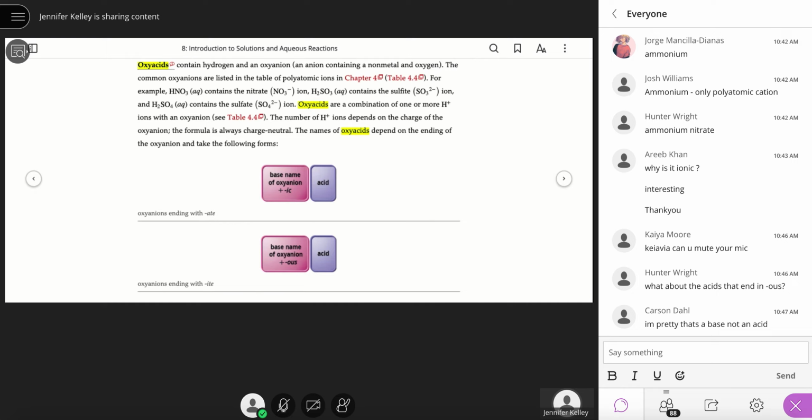And then if there's something that ends in ite, there's also another compound called nitrite that has fewer oxygen in it. Instead of nitrite, the ite is dropped and it ends in ous. So it becomes nitrous acid.